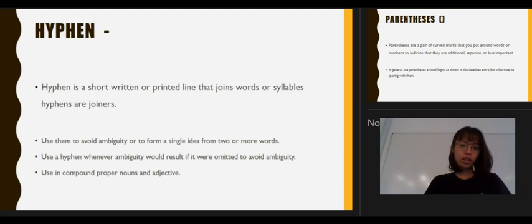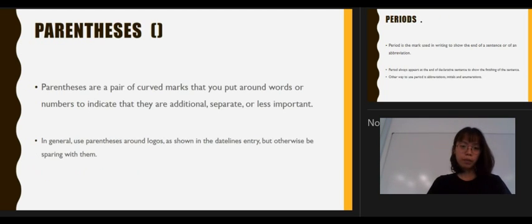The hyphen is a short mark in writing or printing, like a joining word. Use it to avoid ambiguity or to form a single idea from two or more words. Use it whenever ambiguity would result if it were omitted. Use it in compound proper names and adjectives.